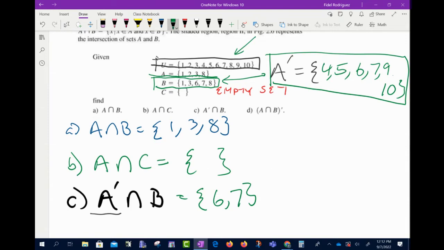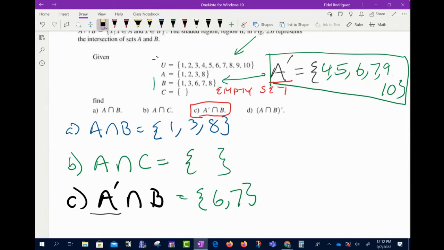So y'all, for me to do part C, I want to point something out. When part C says we want to find the intersection of A complement and B, in order for me to do that, I have to know, well, what does A complement look like? So I actually have to do that, think of that as scratch work. I got to do that part first. And again, how do we find A complement?